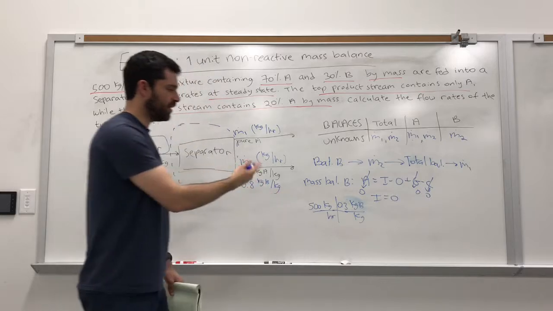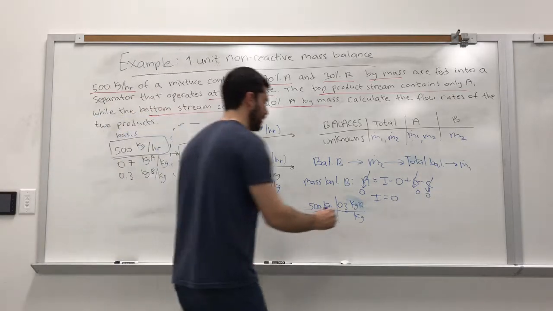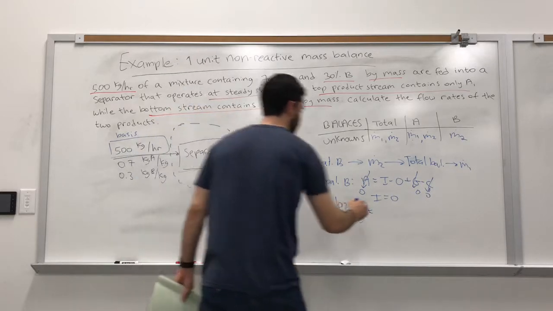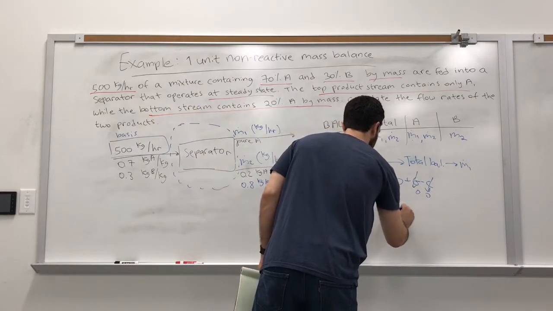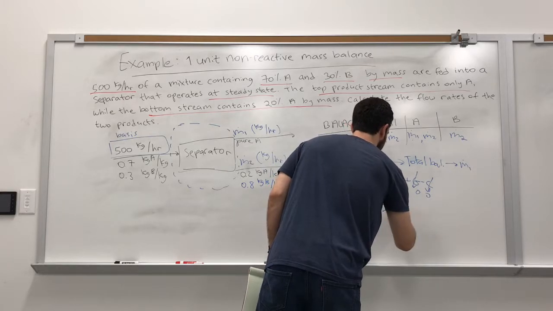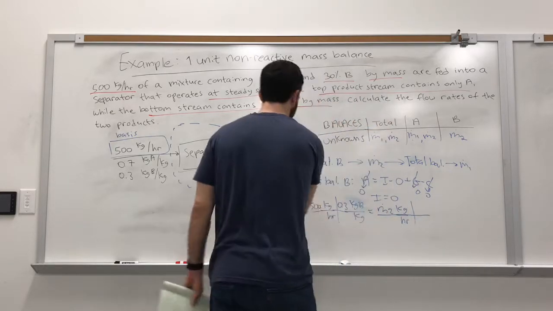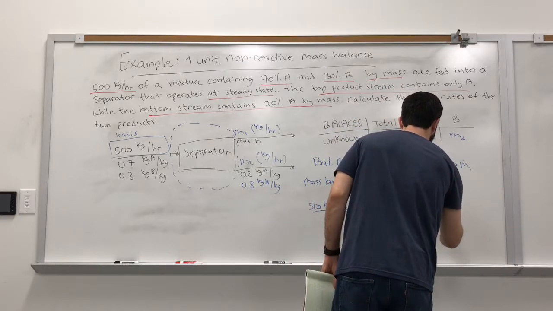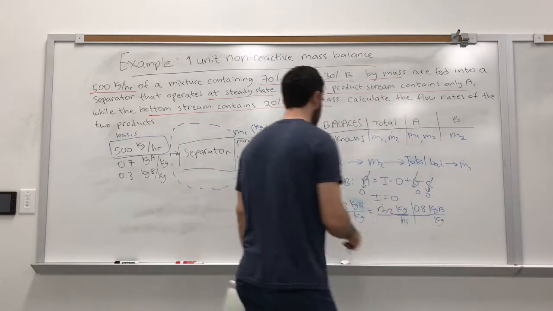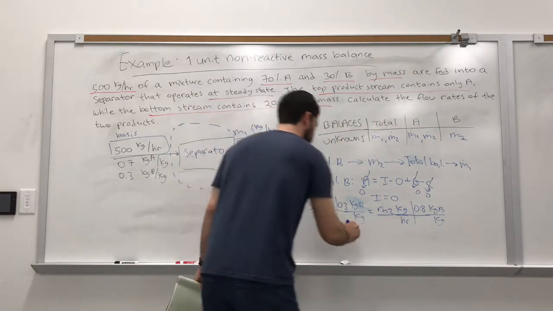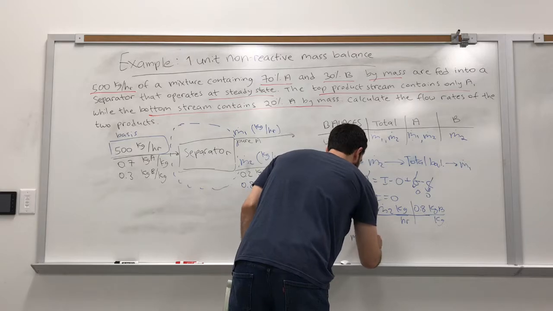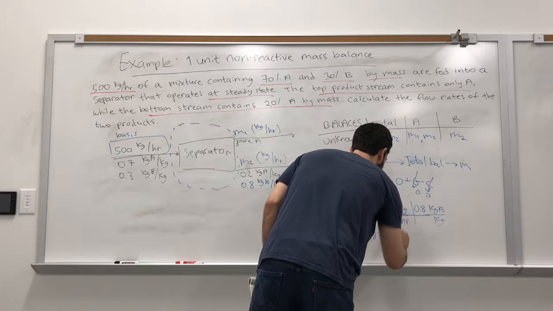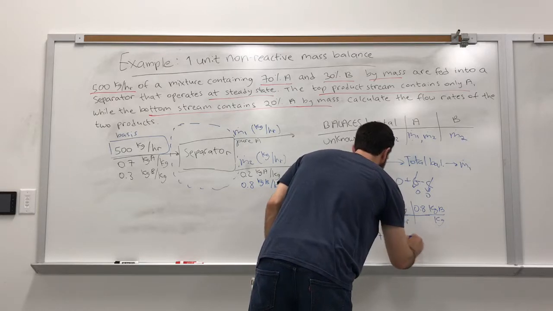And that'll give us how many kilograms B per hour we have coming in. And going out, there's nothing in the top stream, so we ignore it. And in the bottom stream, we have M2 kilograms per hour times 0.8 kilograms B per kilogram. And you solve this, it ends up that M2 equals 187.5 kilograms per hour.